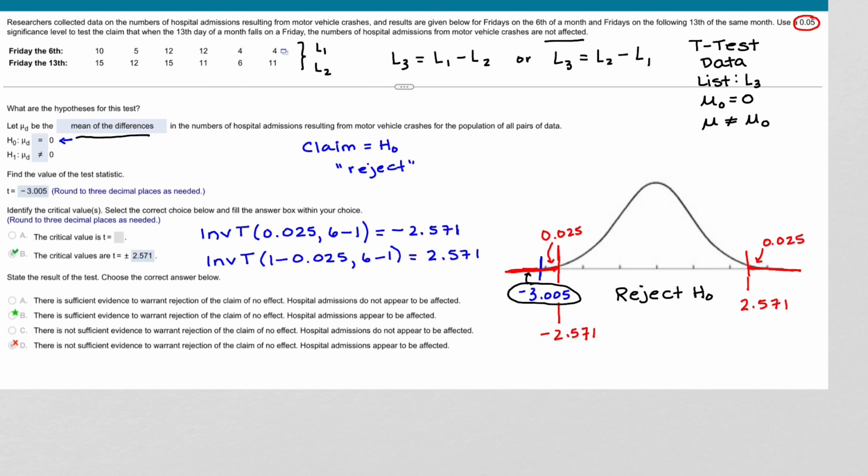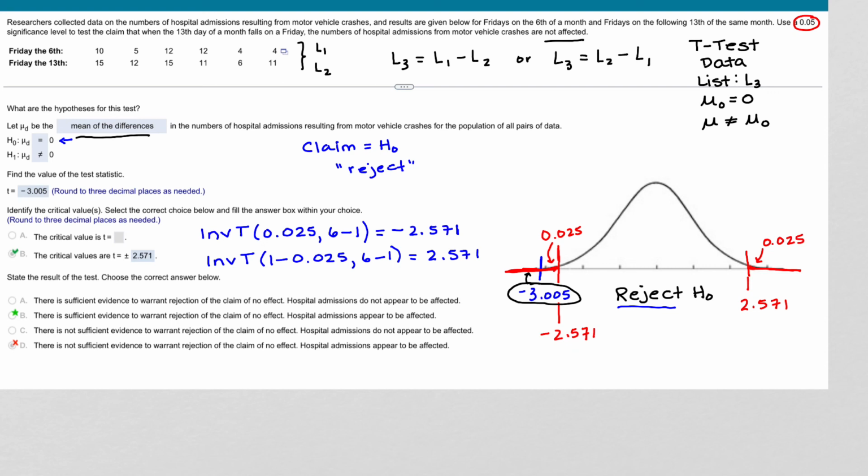If the claim had been the alternative hypothesis, which it usually is, then we would write a statement about whether there was sufficient evidence to support the claim. But because the claim is the null hypothesis, we are going to say we did reject the null hypothesis, so there is sufficient evidence to warrant rejection of the claim of no effect.